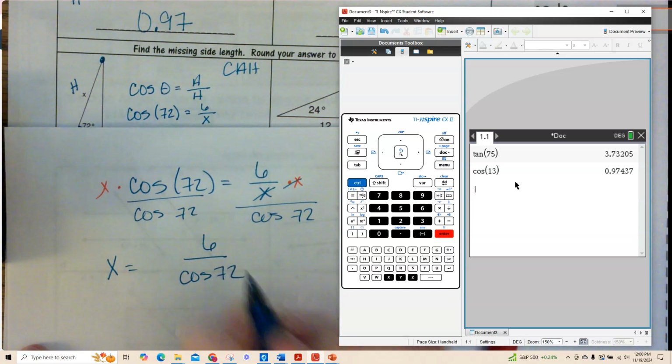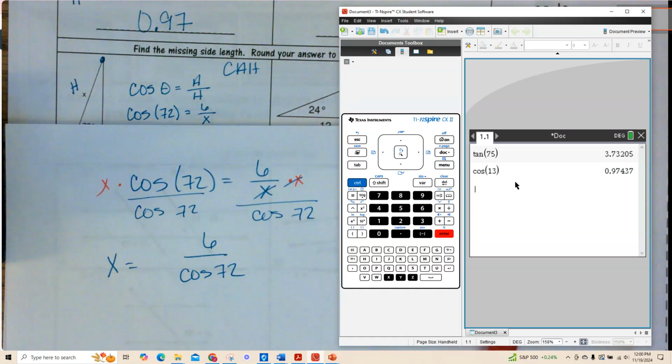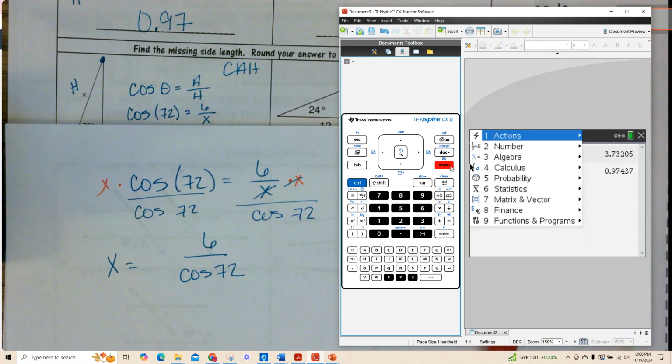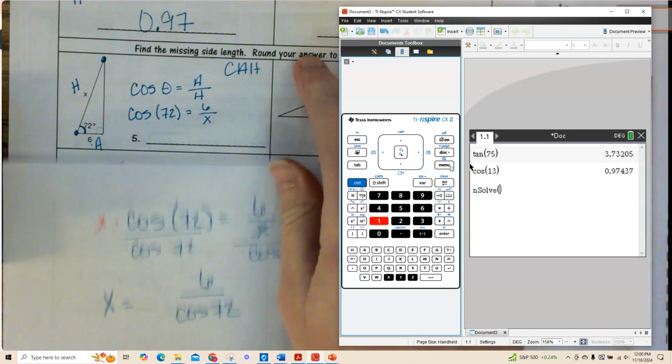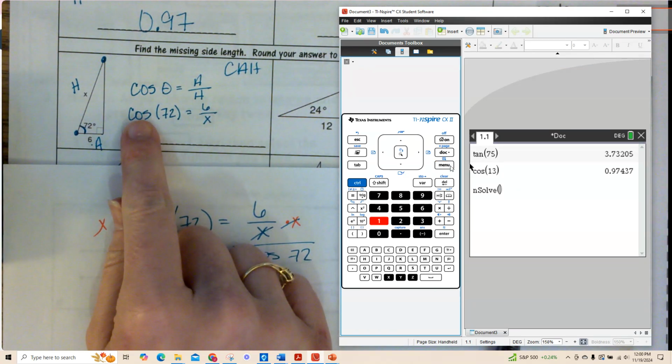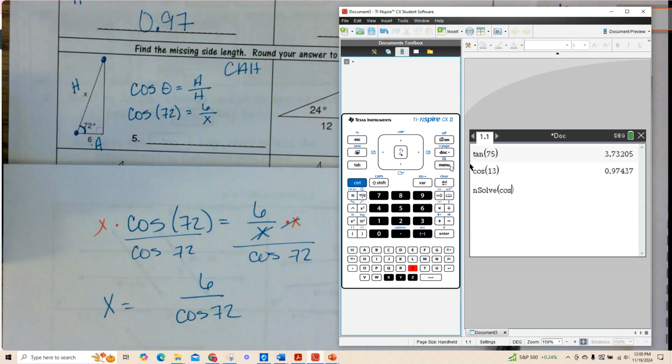would be this. Okay? Menu 3-1 for what I have worked has worked. You should be able to, in menu 3-1, put this in. Okay? So cosine of 72 equals 6 over x, and then comma x. Should work. Okay? Should give me the same as this.